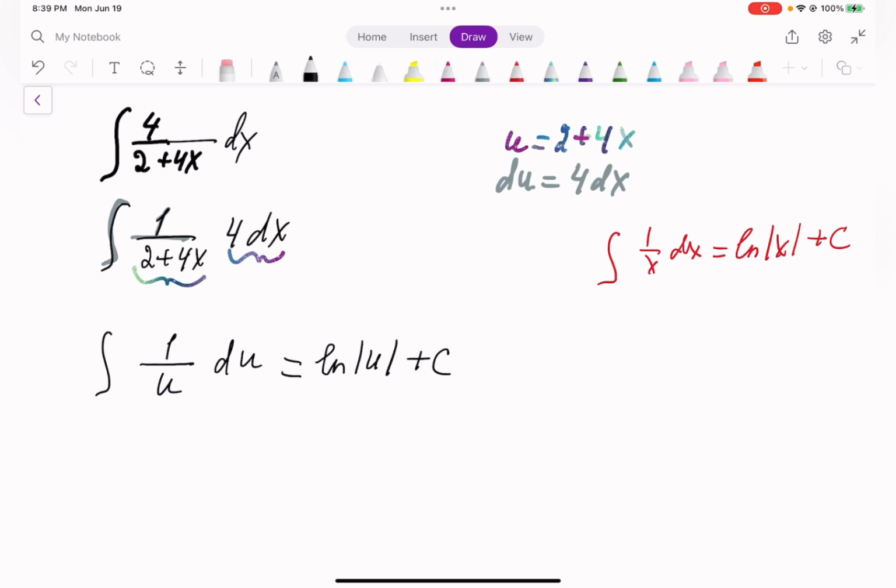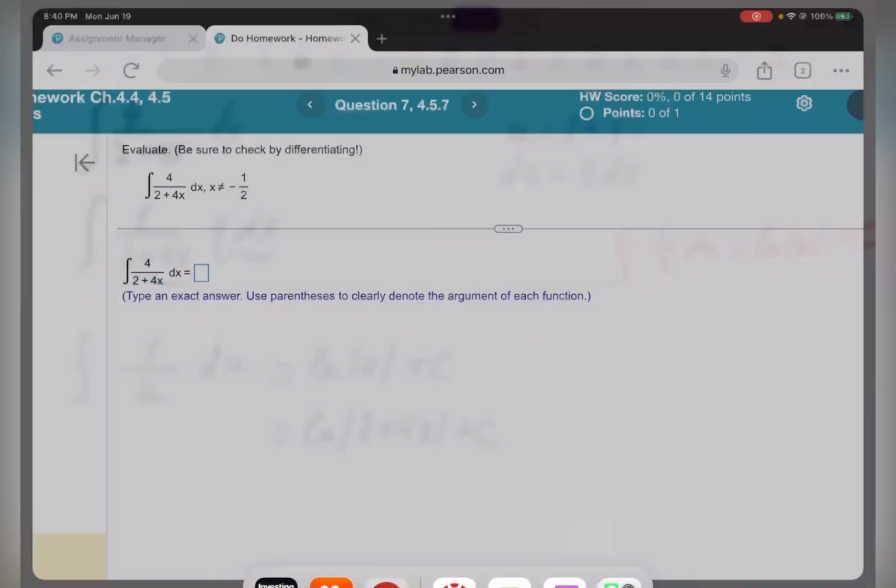So replacing back u with 2 plus 4x, this is going to be equal to natural log absolute value of 2 plus 4x plus c. Okay, let's go back and write down the answer.